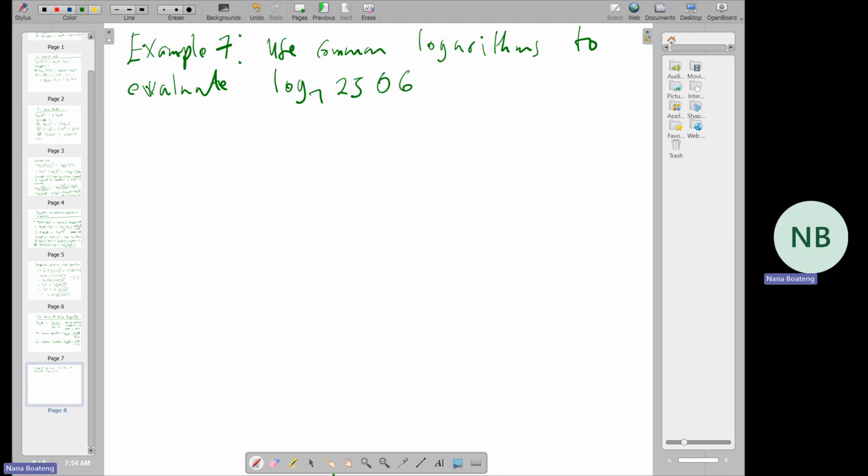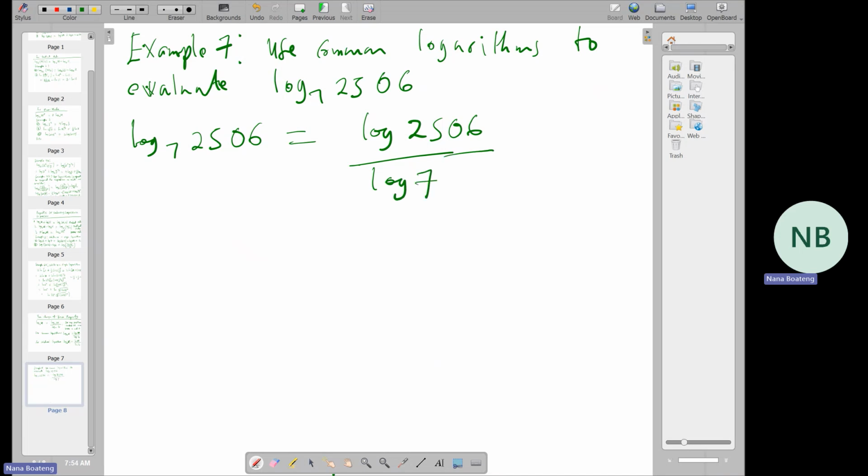All right, so log to the base 7 of 2506 is equal to, using common logarithms, log of 2506 divided by log of 7. And here we can use our calculator to find the numerator and the denominator. If we do so and divide, we'll see that this is approximately 4.02.